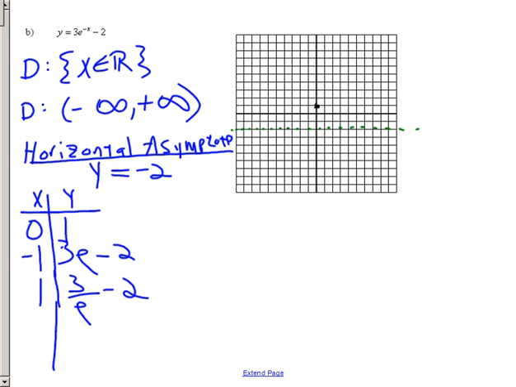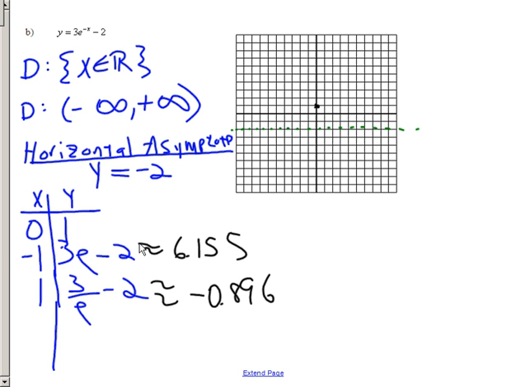So 3e minus 2 has a decimal value of 6.155. 3 divided by e, subtract 2 is going to be -0.896. And really, these 3 points are enough to figure out what the graph's going to look like.